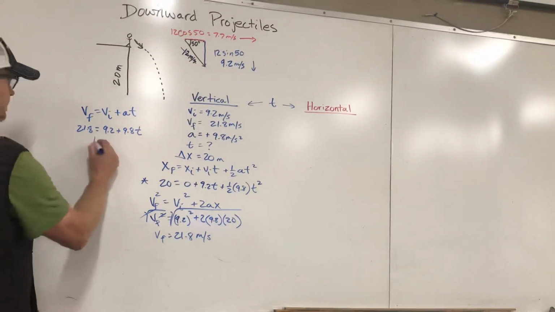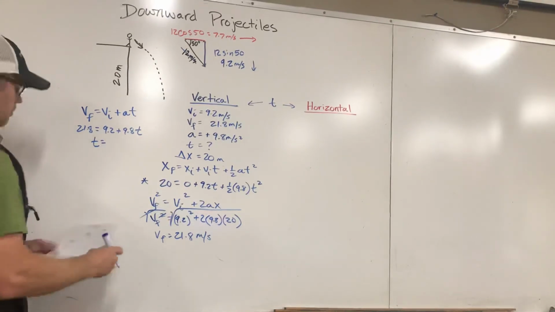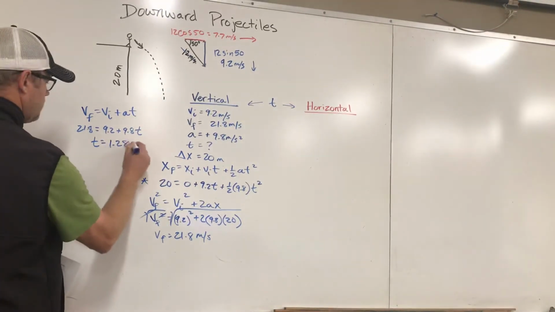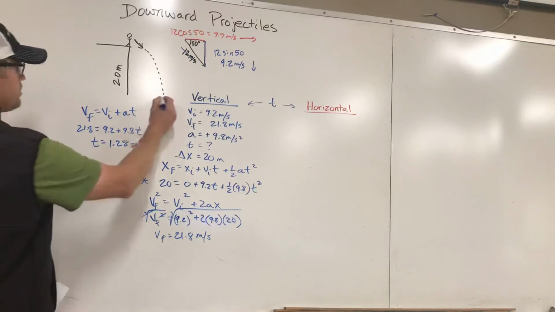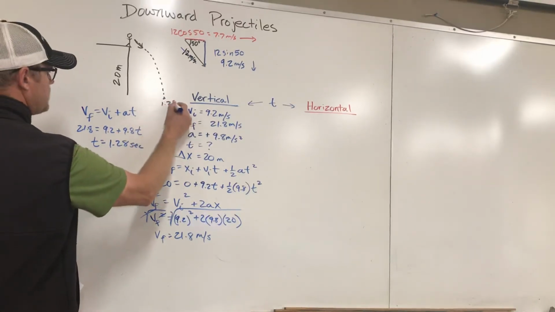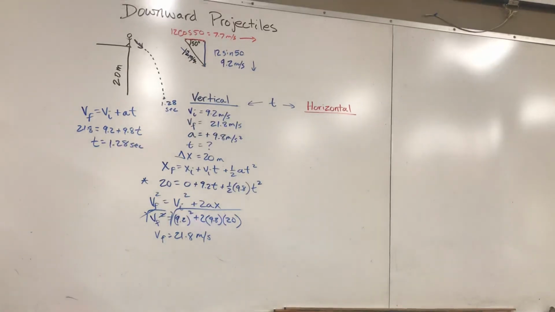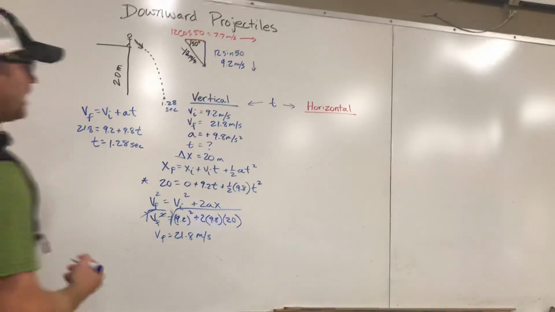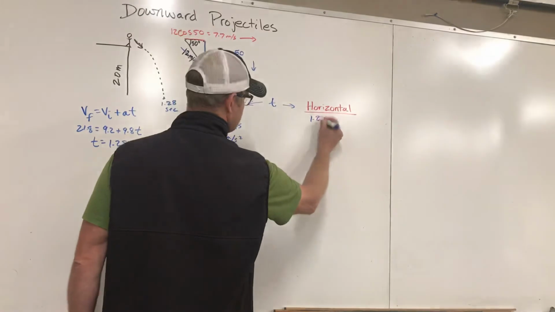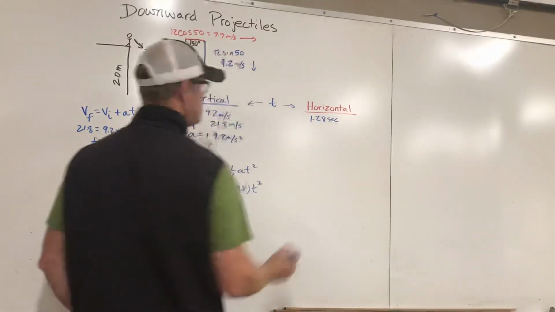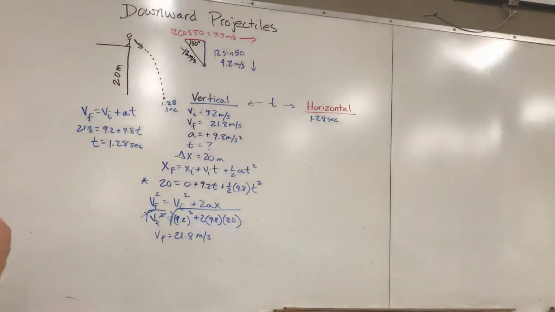When I solve that, I get t equals 1.28 seconds. Okay. So it takes 1.28 seconds to hit that bottom. That seems like a reasonable number. That's what's nice, 1.28 seconds is the same whether I'm looking at the horizontal components or the vertical. It's in the air for the same amount of time.